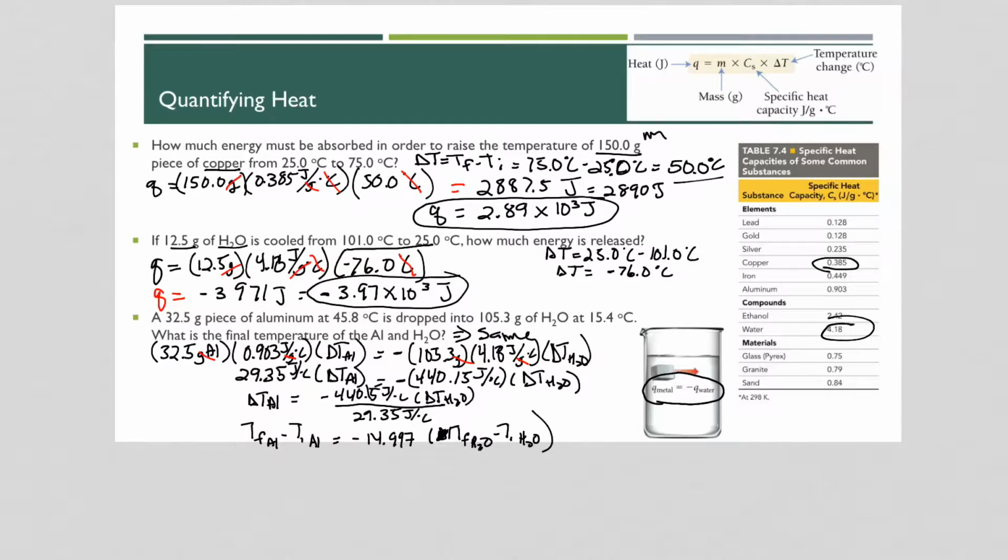Now remember that the T final aluminum equals T final water.